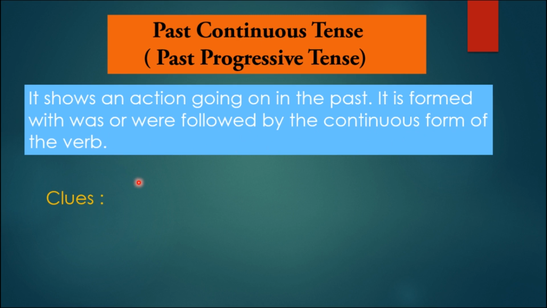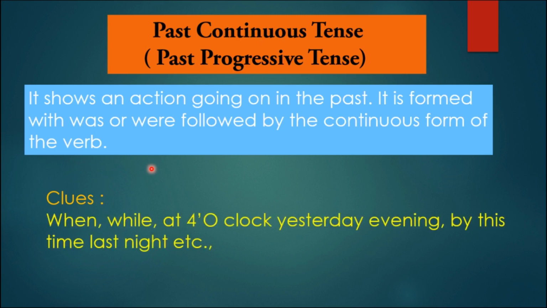Clues to identify past continuous tense: you can observe when, while, at 4 o'clock yesterday evening, by this time, last night, etc. With the help of all these adverbs of time, you can identify past continuous tense in the examinations or somewhere.